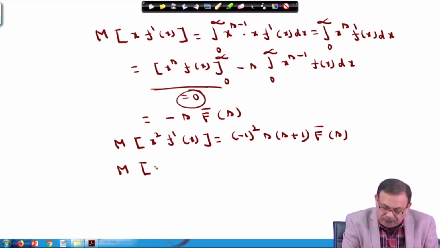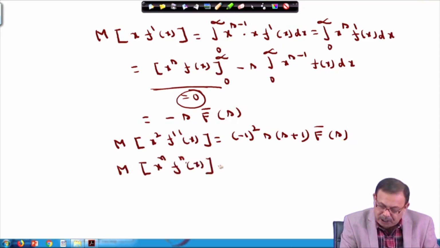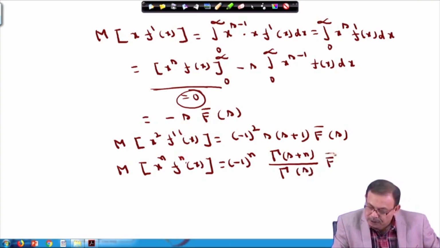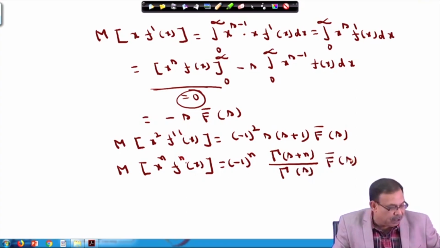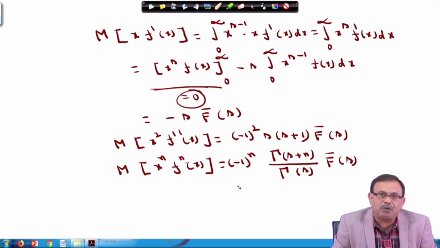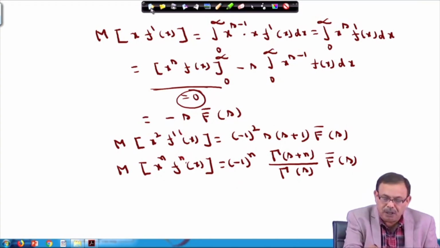In general, the Mellin transform of x to the power n f dash x equals minus 1 to the power n gamma (s plus n) by gamma s into capital F bar s. So, the Mellin transform of x to the power n f dash x, in general, is minus 1 to the power n gamma (s plus n) by gamma s into f bar s.